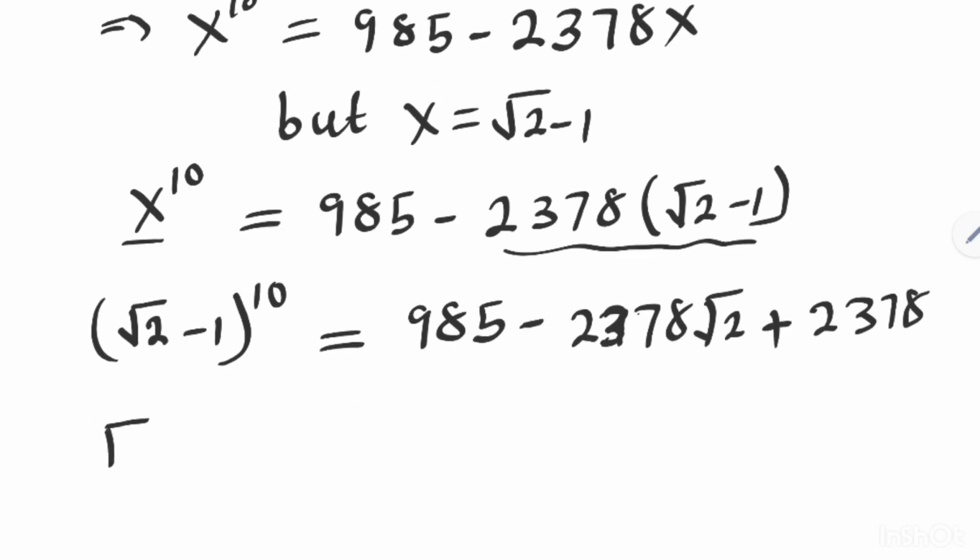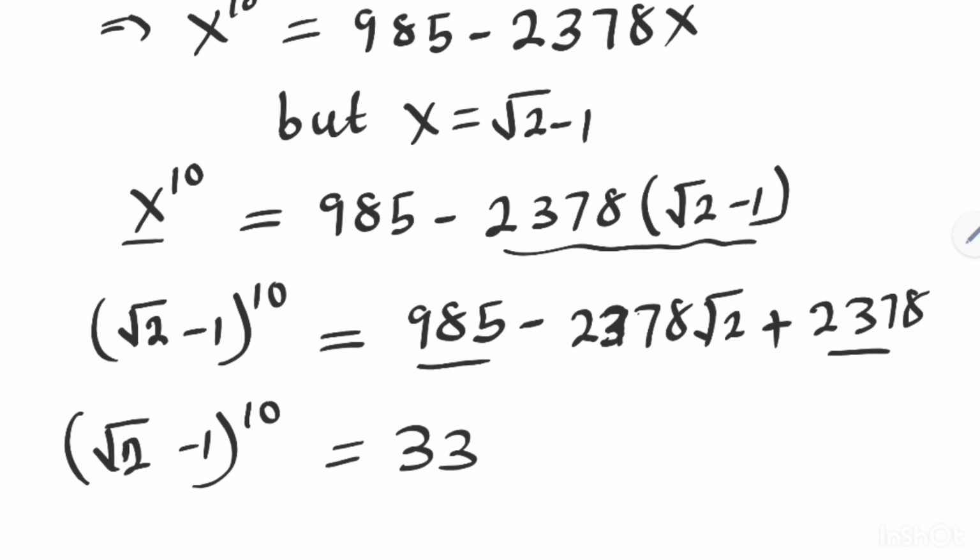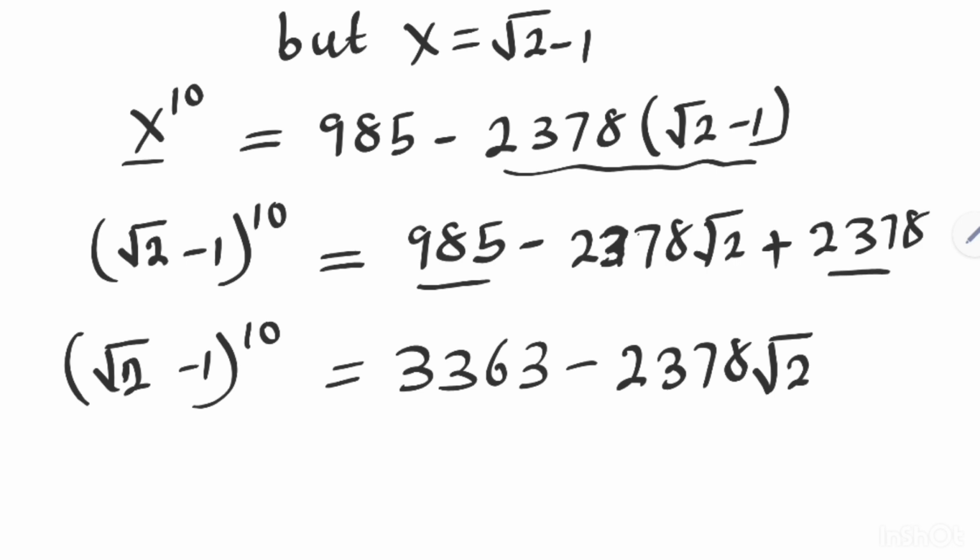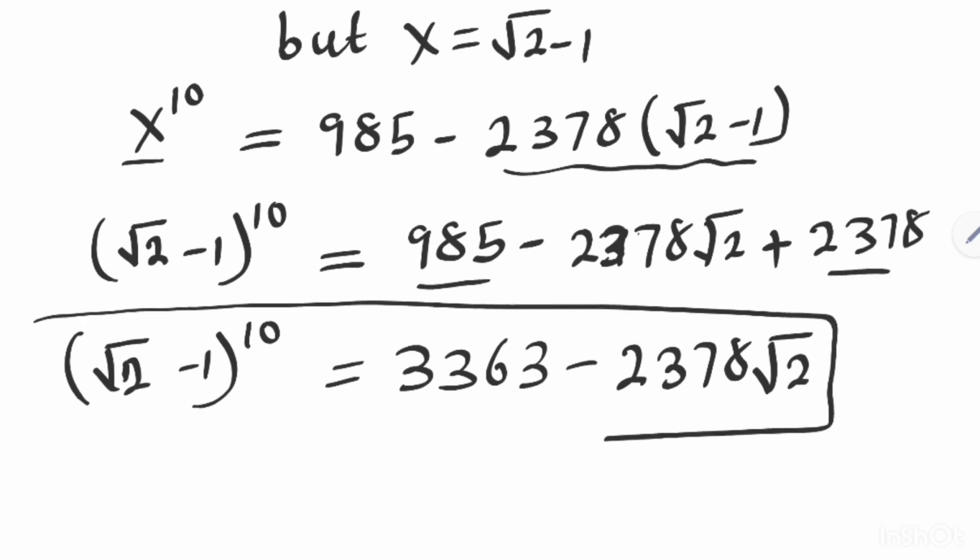And this is root 2 minus 1 all raised to power 10 is equal to, if you add this and this together, we have 3363 minus 2378 root 2. Then this is the final answer.